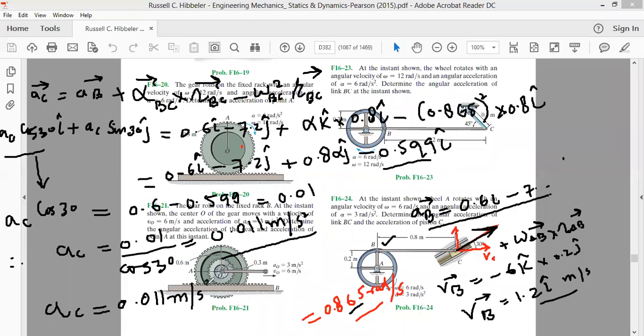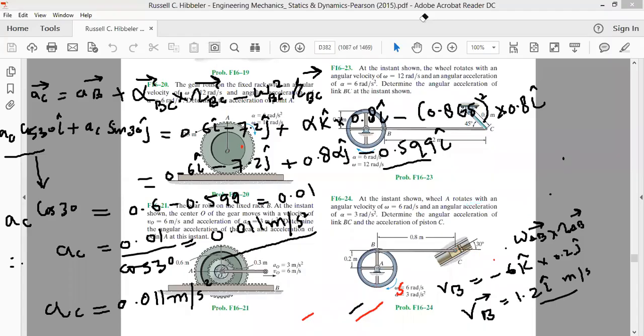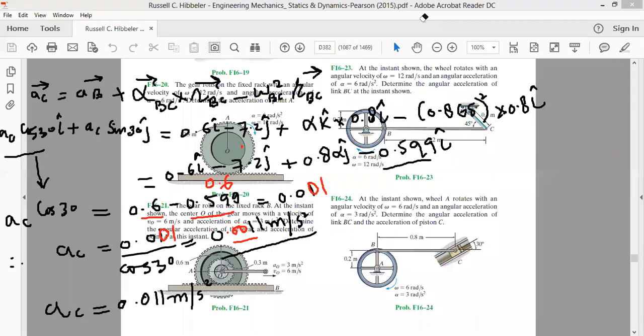Now we have to calculate the value of alpha. Let's balance the j components. There is a little correction here which I have made. Balancing the j components, we have AC sine 30 equal to minus 7.2 plus 0.8 alpha.